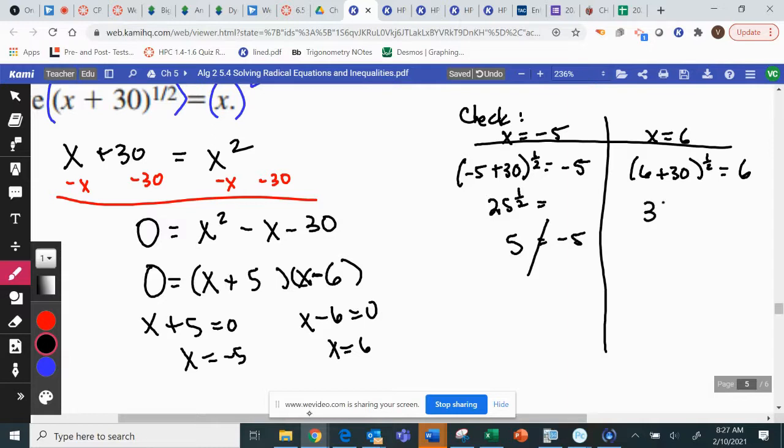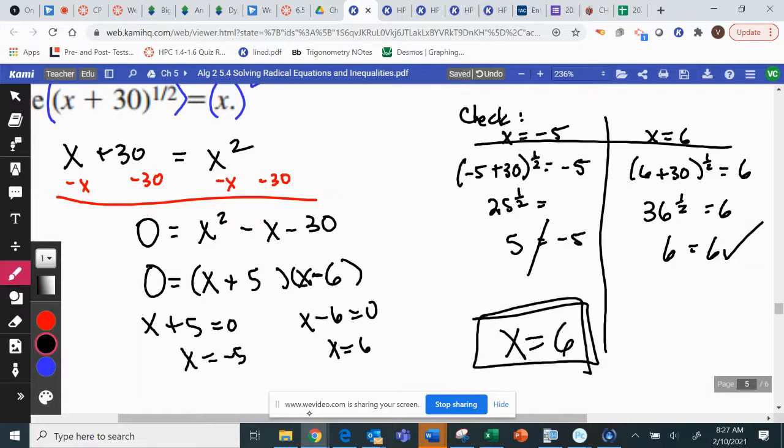This one, I'll get 36 to the 1/2, which is 6. So that one does equal. So our only answer is x equals 6. We had an extraneous solution. We had an extra one that wasn't an answer.